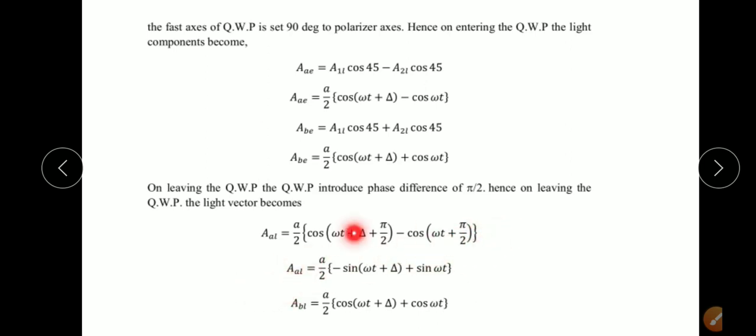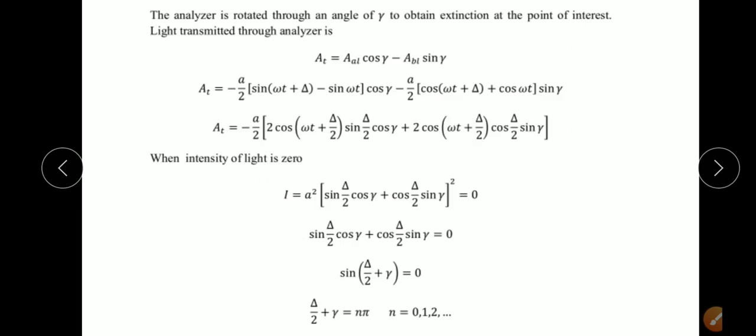If you simplify this, you get AAL as A by 2 times minus sin omega t plus delta plus sin omega t, and similarly ABL is equal to A by 2 times cos omega t plus delta plus cos omega t. So you get the values.